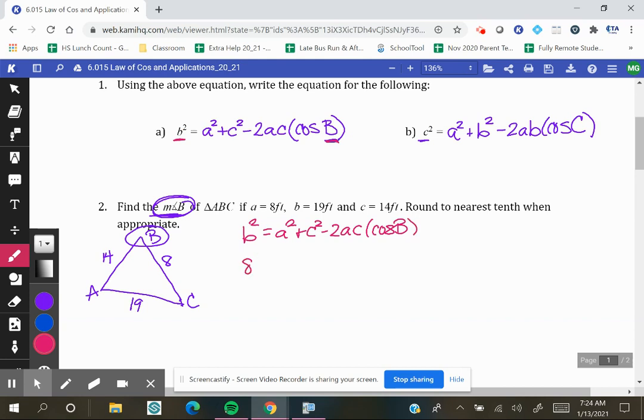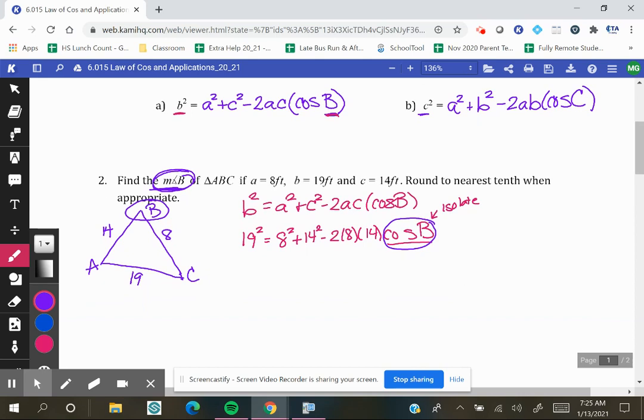So B squared, B is 19 squared, A is 8 squared plus C is 14 squared minus 2 times 8 times 14 times the cosine of angle B. We're solving for angle B, which means we need to get that isolated. We can't separate it from cosine here, so we really are trying to get cosine of B isolated first. So how do we do that?